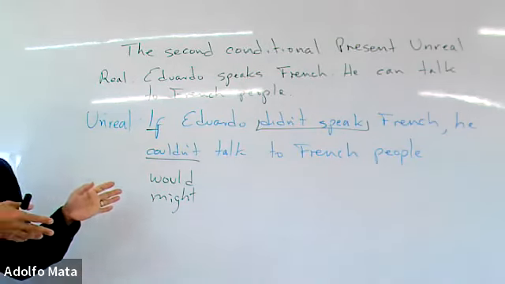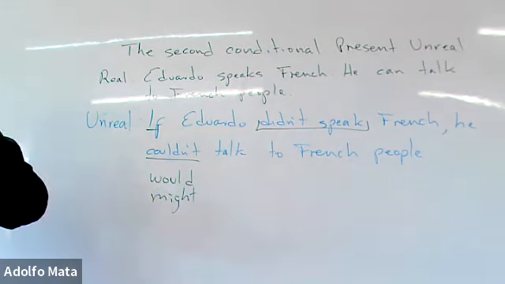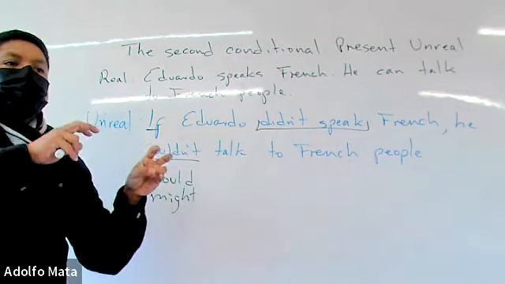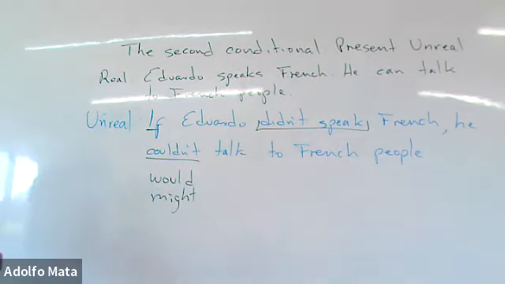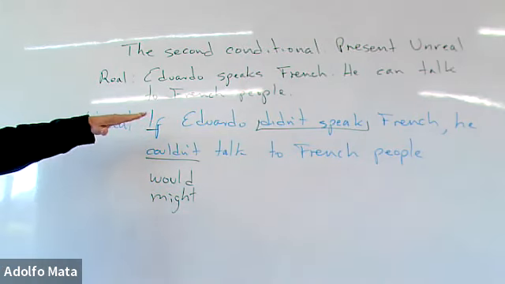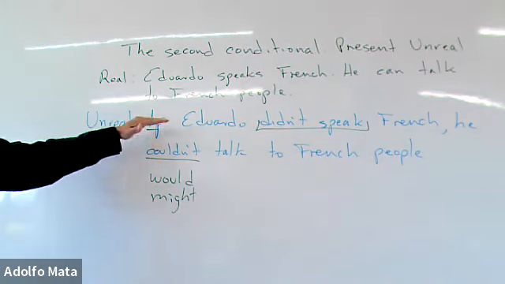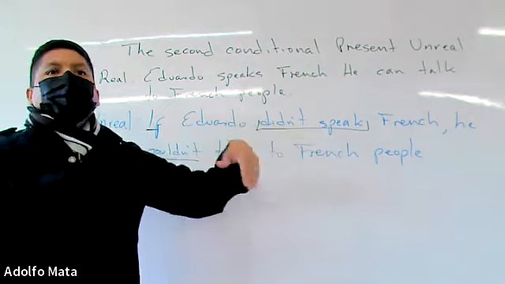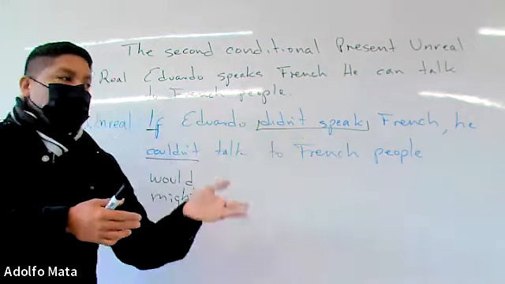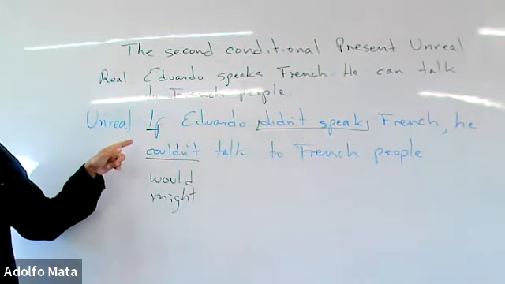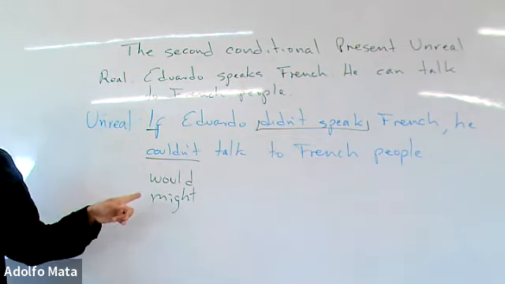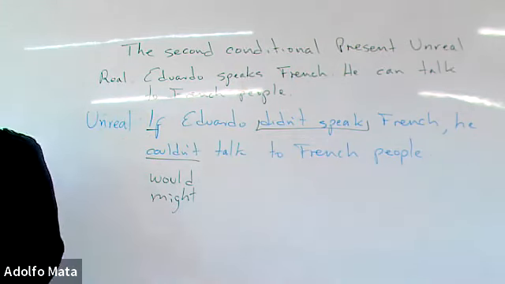That's the second conditional, something that is called unreal, that is not real. So, structure: after if, we use simple past, and then in the second sentence that doesn't have if, we can use the auxiliaries could, would, or might. All right? Is that clear?